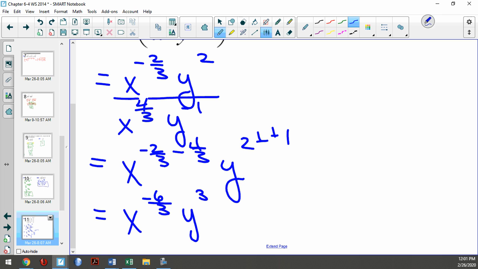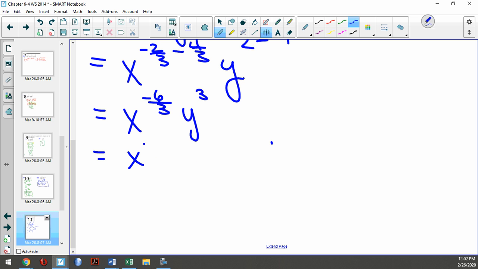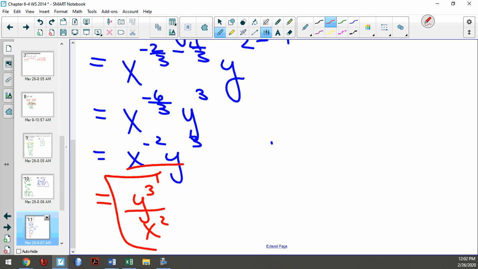Minus a negative is plus, so y cubed. What is negative 6/3? Should I stay or should I go? x goes to the bottom, the y stays on top. I am done. You guys have the rest of the period to work.